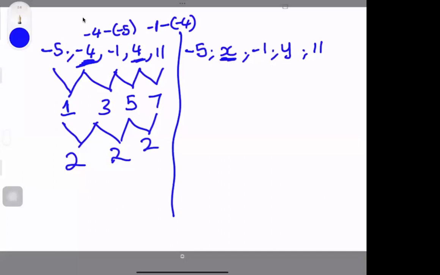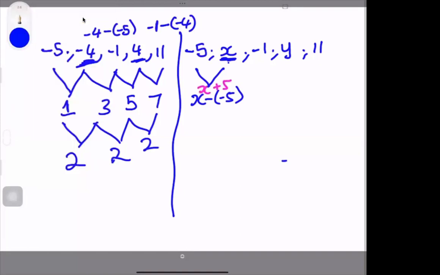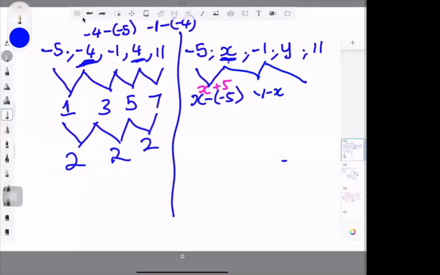So you guys are going to go x minus -5, which is essentially x plus 5. And then -1 minus x. Sorry, guys. Then y minus -1, which is y plus 1.